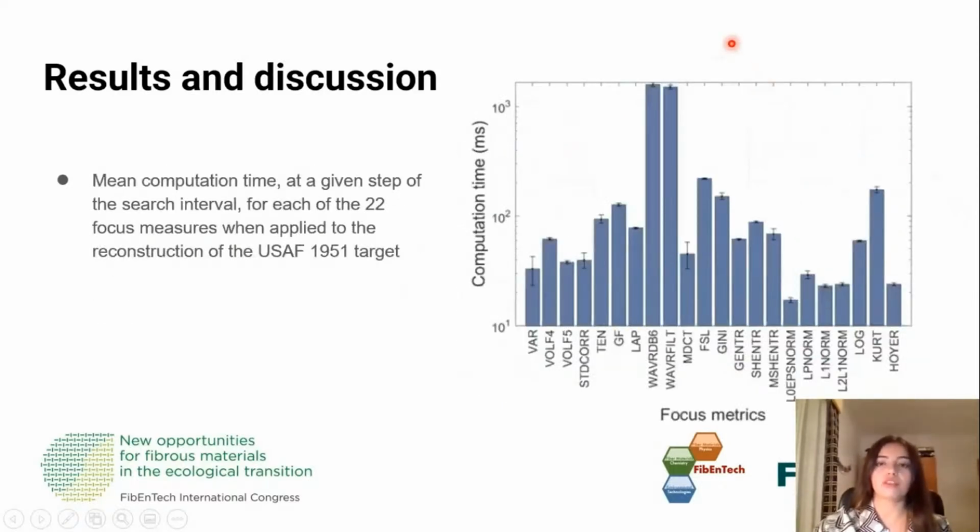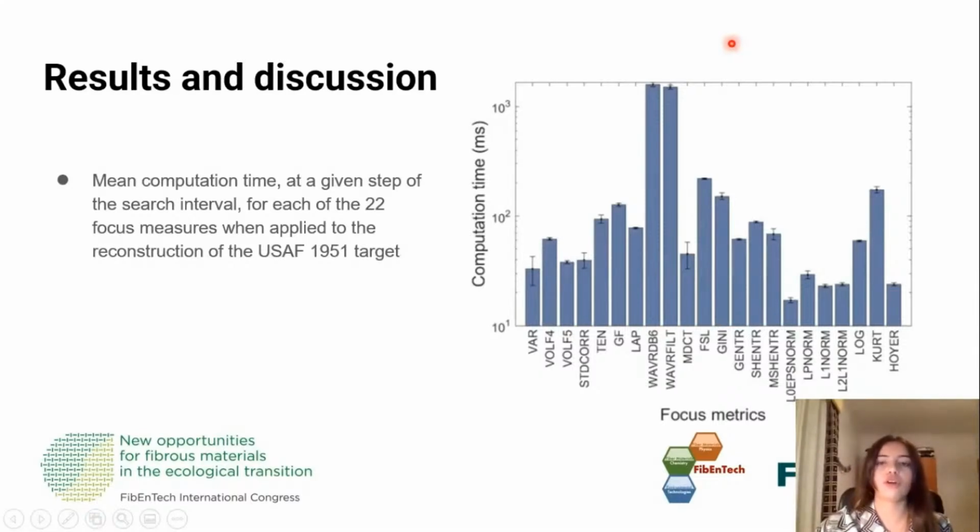Another important aspect of a focus metric's performance is computational complexity. Thus, to assess the efficiency of each algorithm, the mean and standard deviation of the computation time for the calculation of each focus measure for a given step of the search interval was computed.